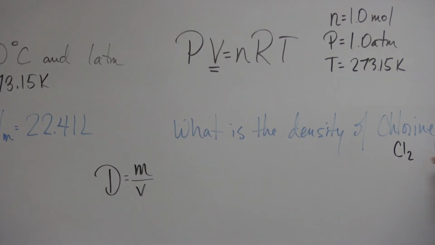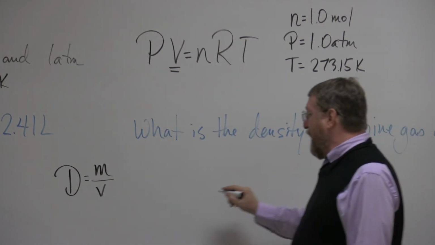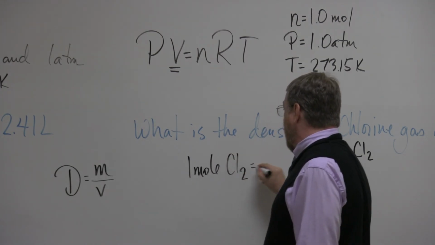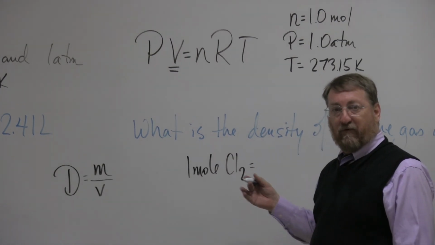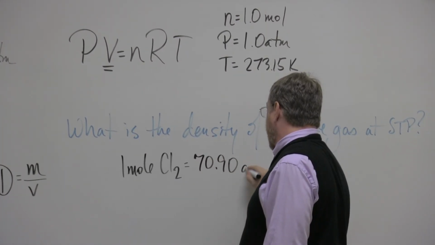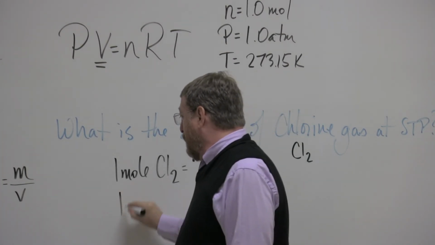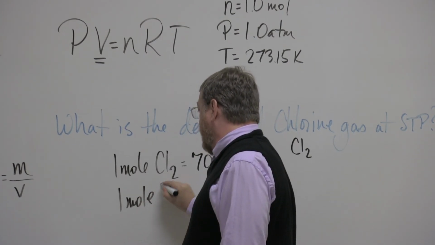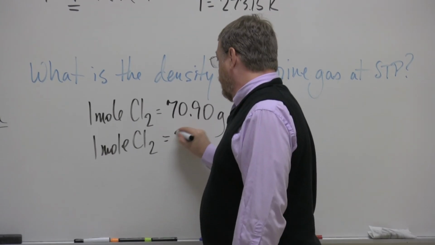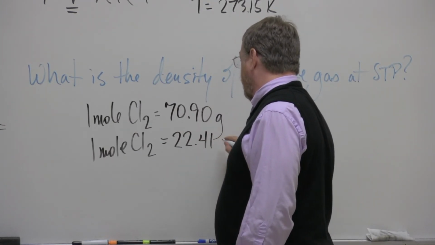If we had 1 mole of chlorine, it would weigh 35.45 times 2, which would be 70.90 grams.